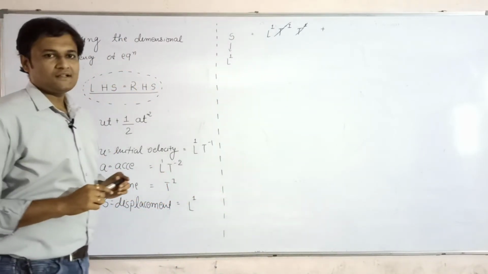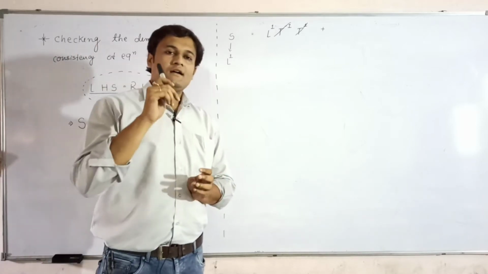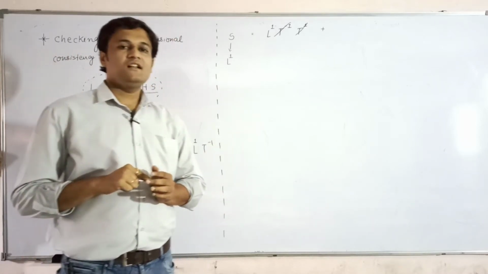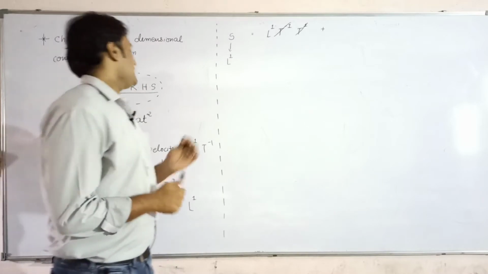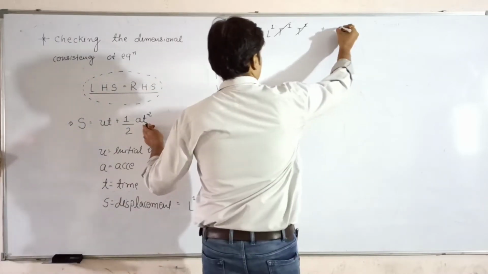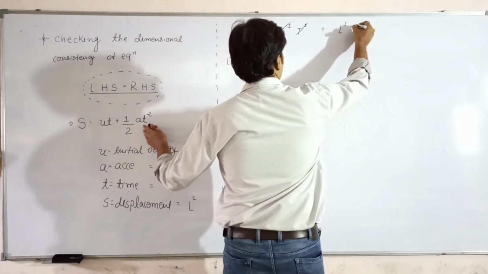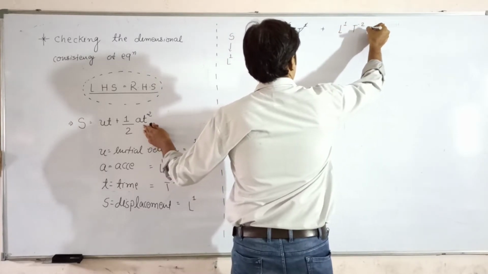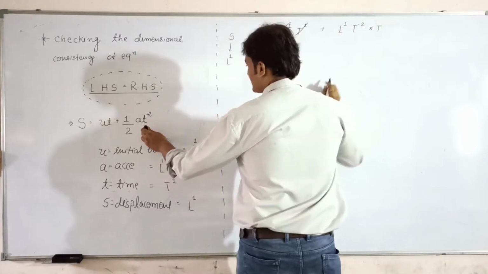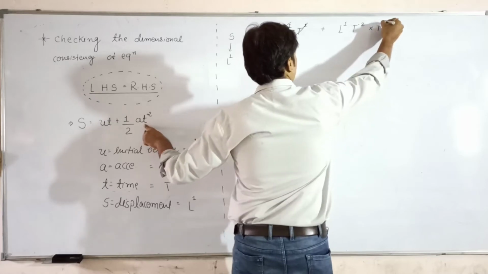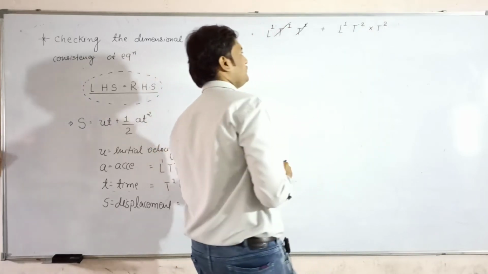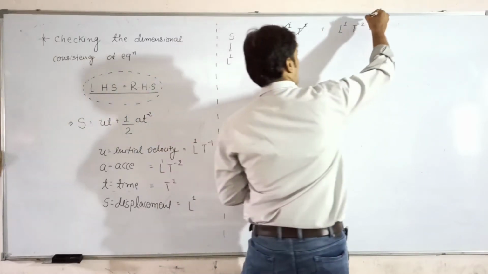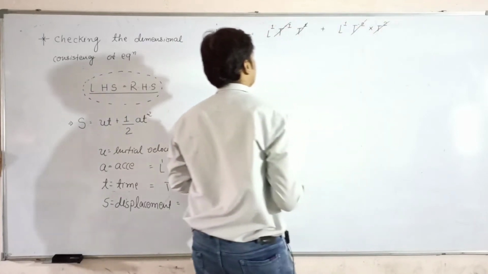And remember, a constant has no dimensional formula. Now the acceleration L1 T minus 2 into t square, T raised to 2. Minus 2 and plus 2 both are cancelled here.